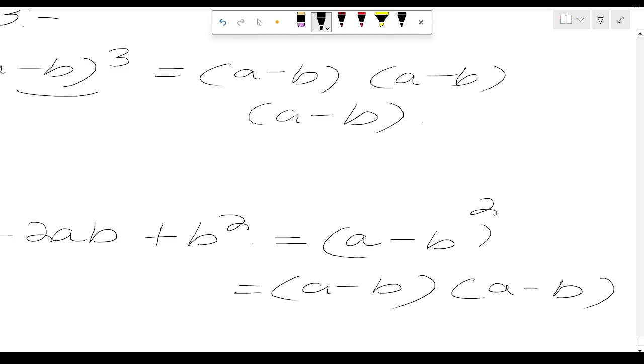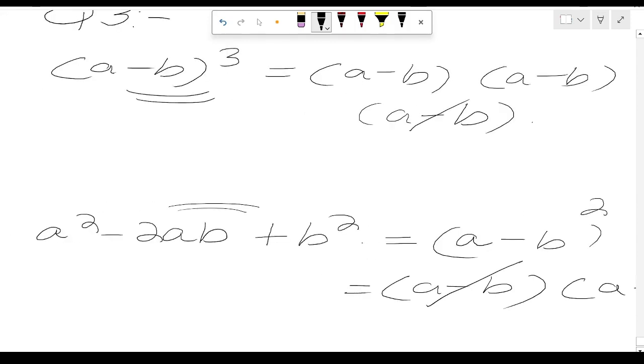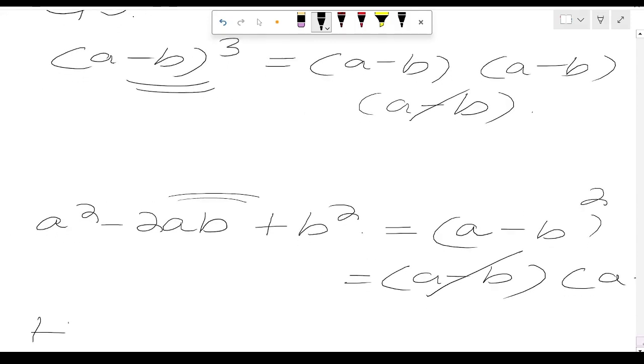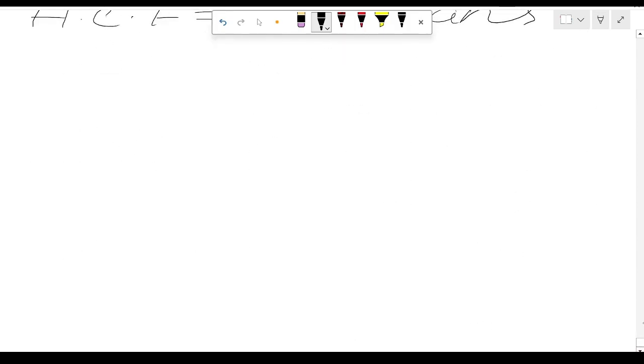So here we have the first expression simplified and here we have the second simplified. So what will be the HCF? So here a minus b will be considered as a common factor. So I'll just write below that the HCF of question number 3 is equal to a minus b. So this will be our final answer.